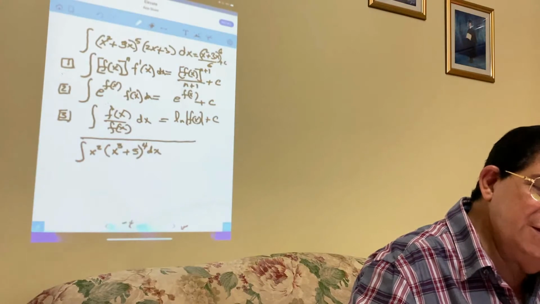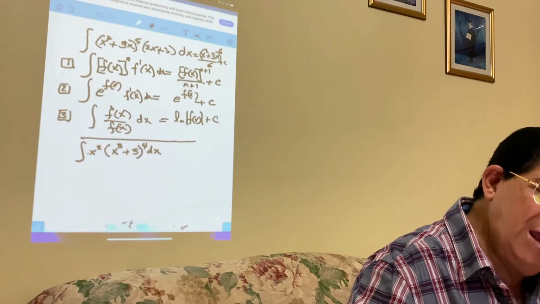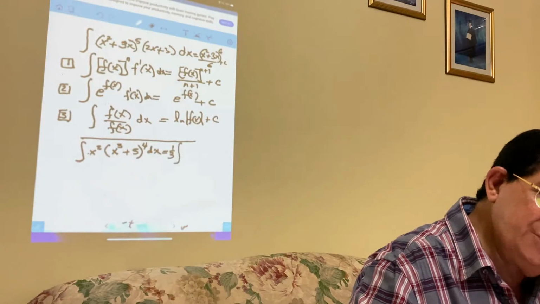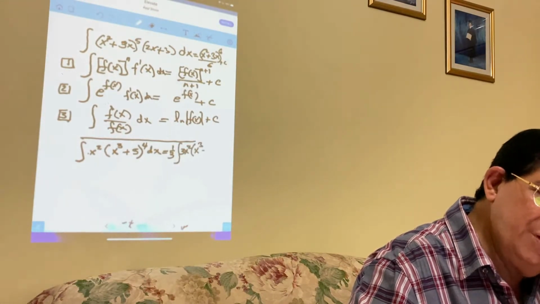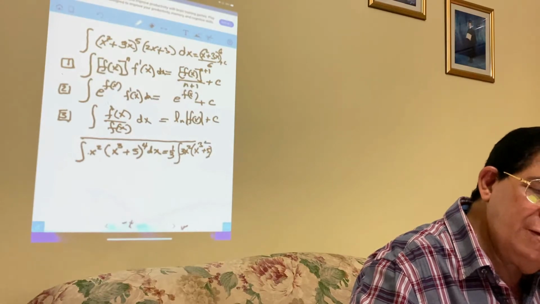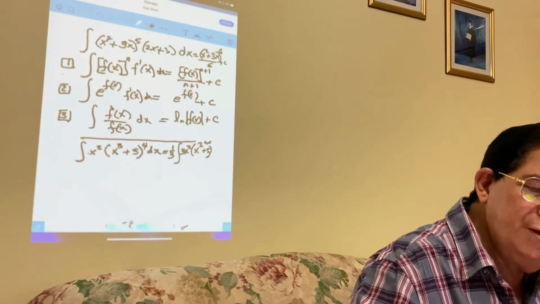We can imagine that there is a 3 here, and there is a 1/3 there, and we can do it simply like this. 1 over 3 outside, then the integration of 3x squared times x cubed plus 5 power 4 dx.